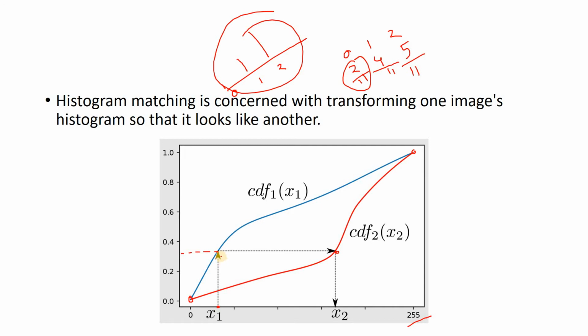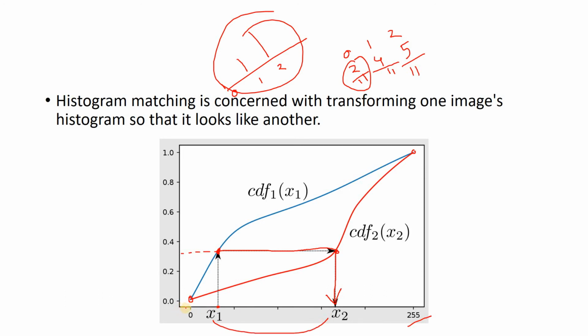For this x1, the cumulative distribution function for our original image is this one. We try to find out where the reference image's cumulative distribution function matches, and corresponding to that pixel intensity we map our x1. So basically we'll map x1 to the x2 pixel intensity.